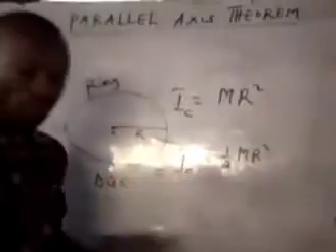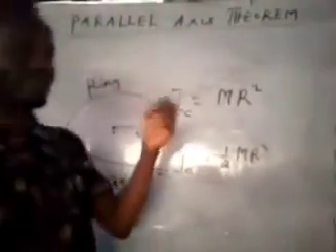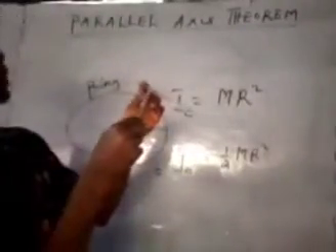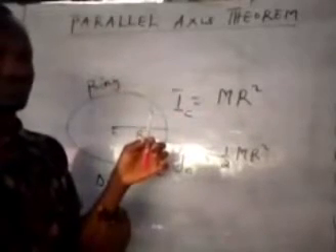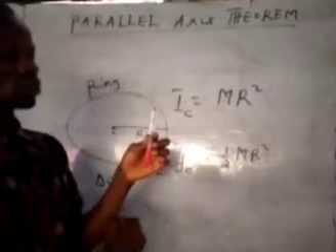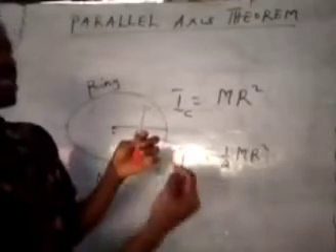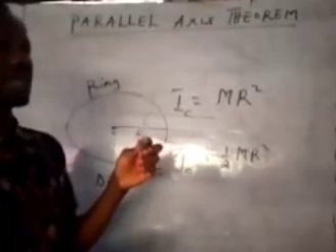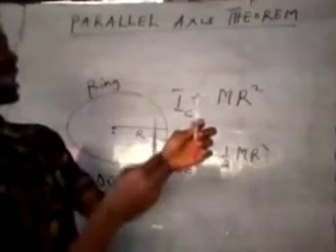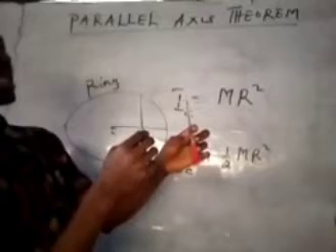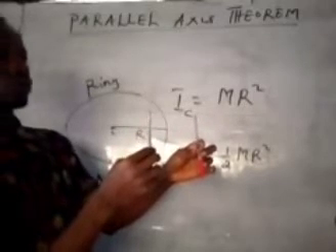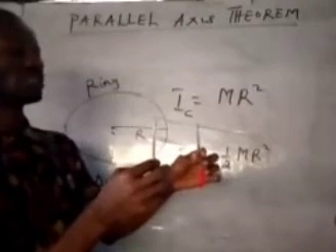But now, what if we have a material and we are given the moment of inertia about an axis through the center of gravity, and we are now required to find the moment of inertia of this same material about an axis which is parallel to the axis through the center of gravity?